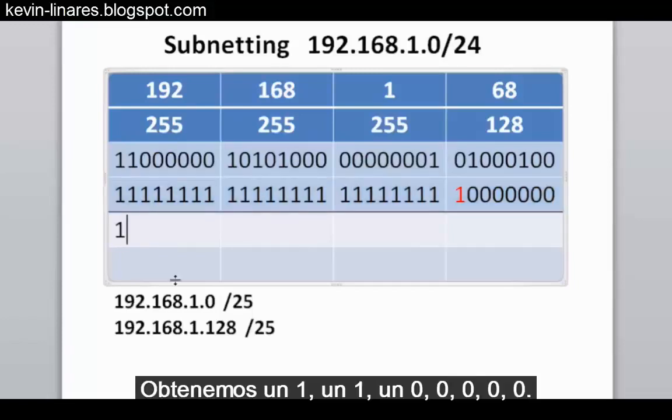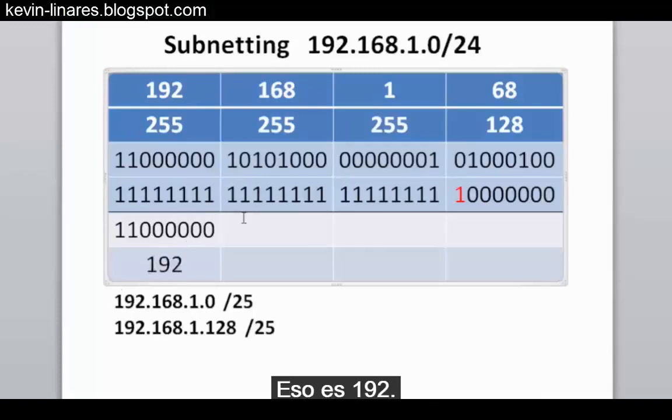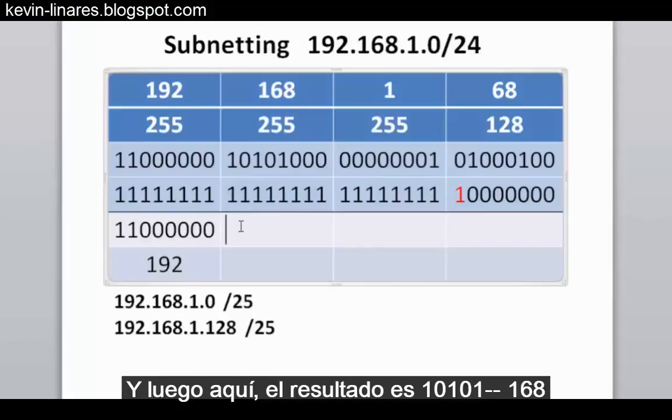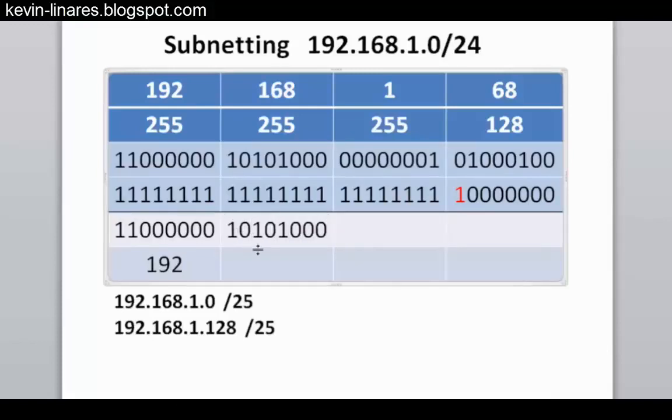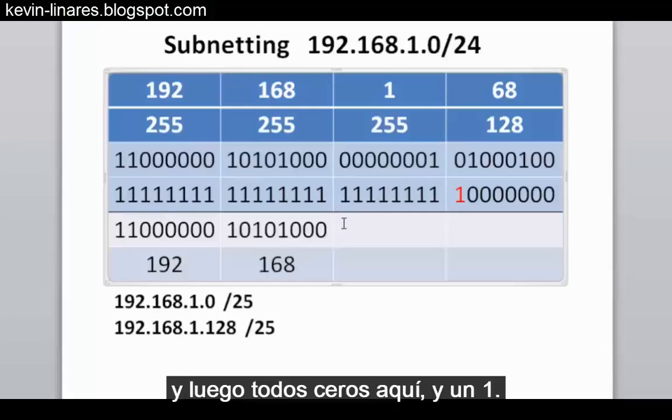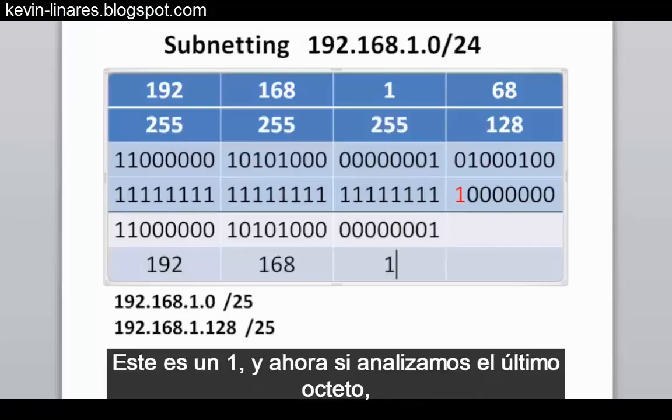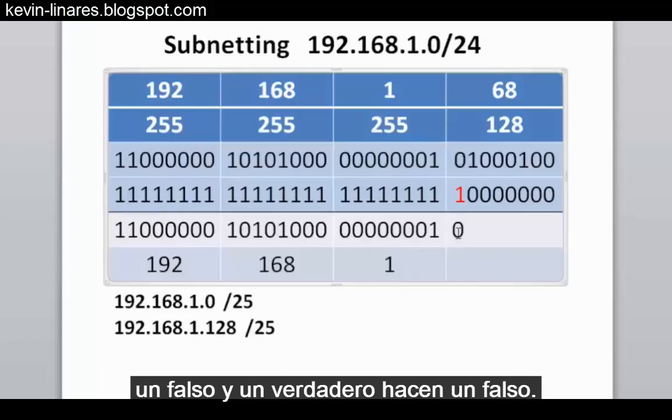We'll get a 1, a 1, a 0, 0, 0, 0, 0. So that's 192, and then here the result is 168, and then all zeros here and a 1. Now if we look at this last octet, a false and a true makes a false.